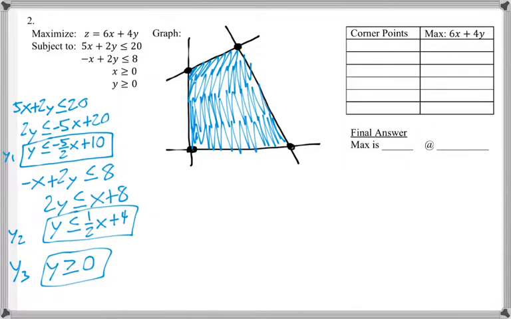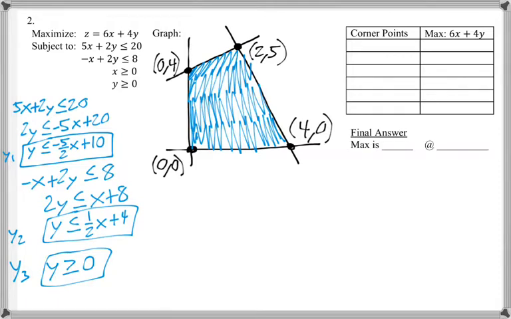Now that we've found all of the corner points on the calculator, I want to label them on our graph. So (0, 4), (2, 5), (4, 0), and (0, 0).